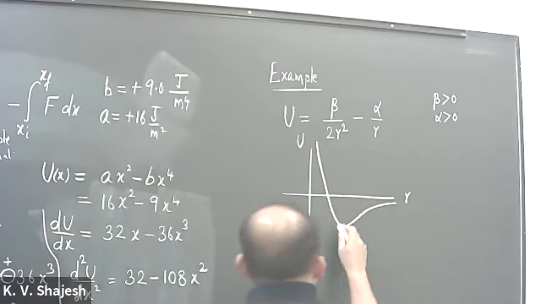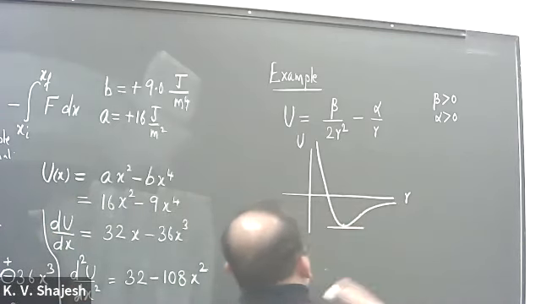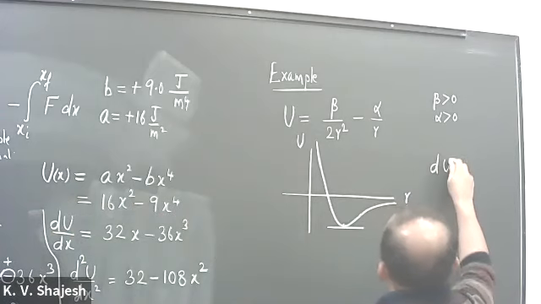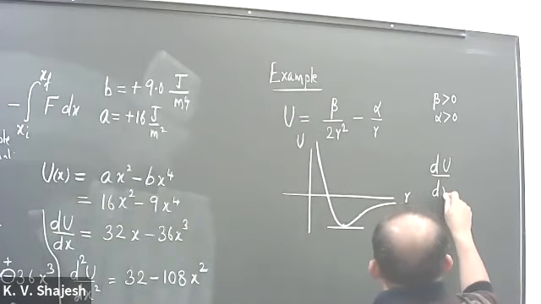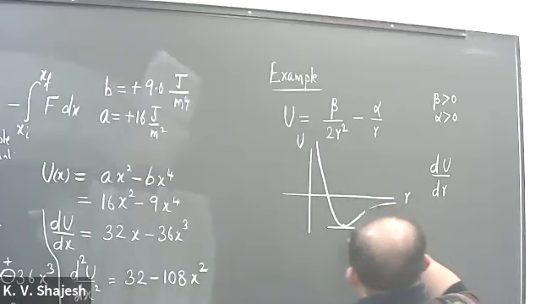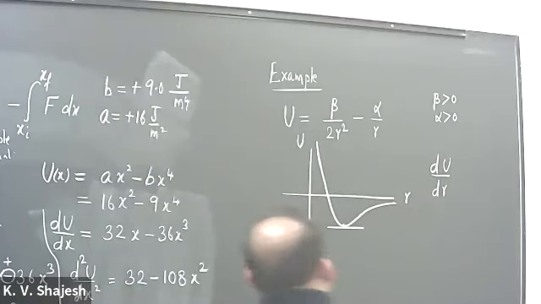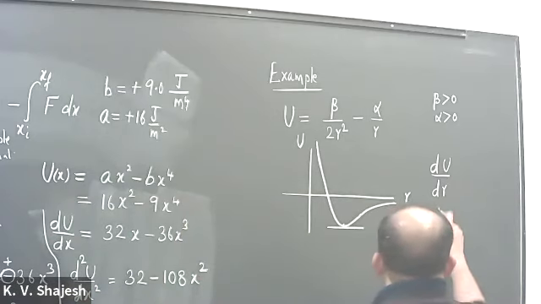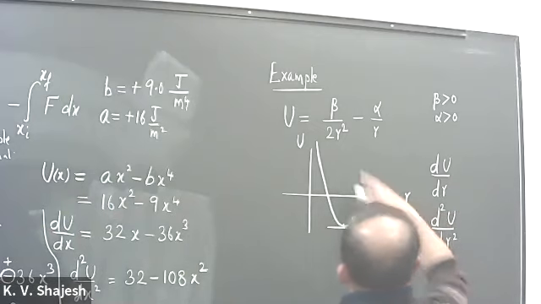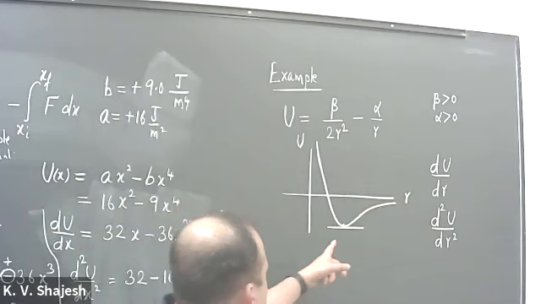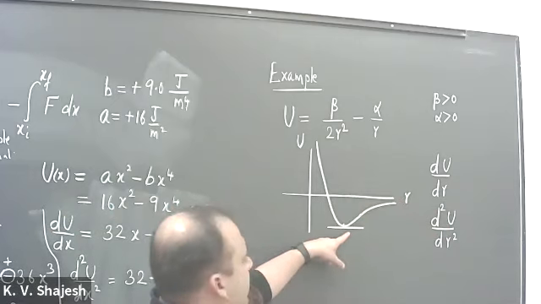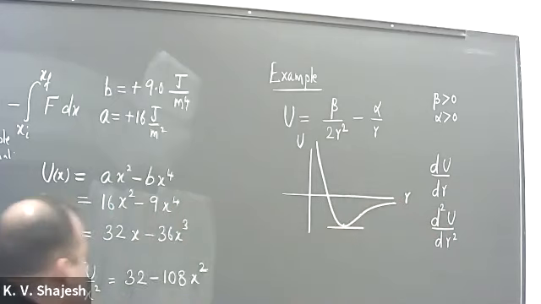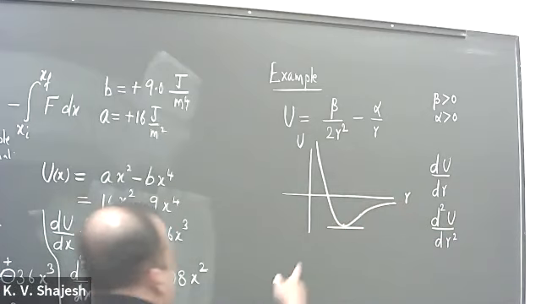So if you want to find this value, you will take the derivative. So you will find du by dr this time. And if you want to get the force, you multiply it by a negative sign. You will then do the second derivative of u. And if you have got this plot correctly, then this should come out to be a positive value, because it is going to be stable there.